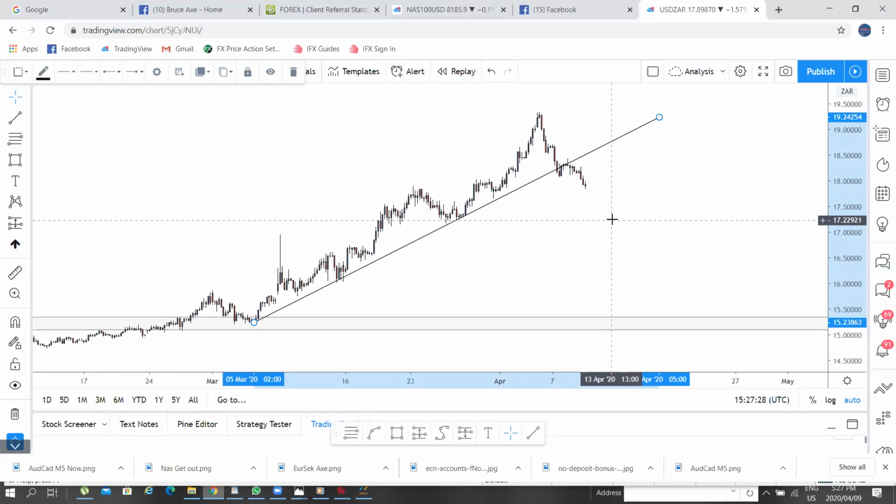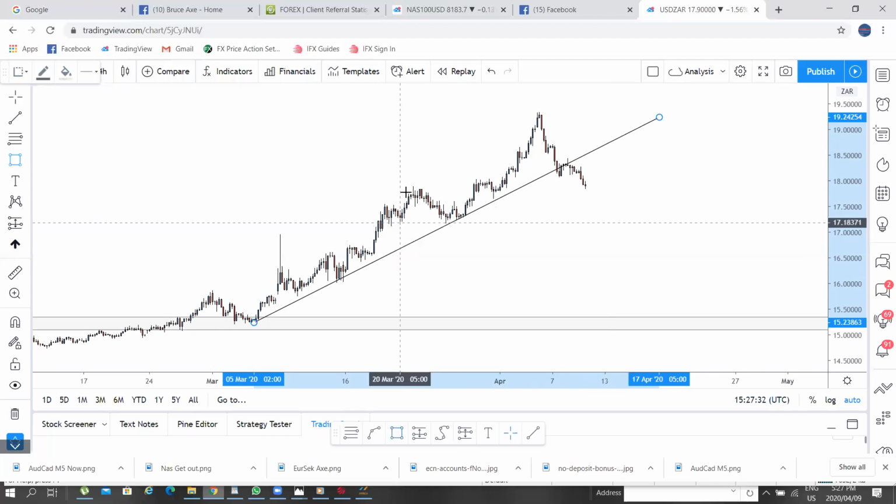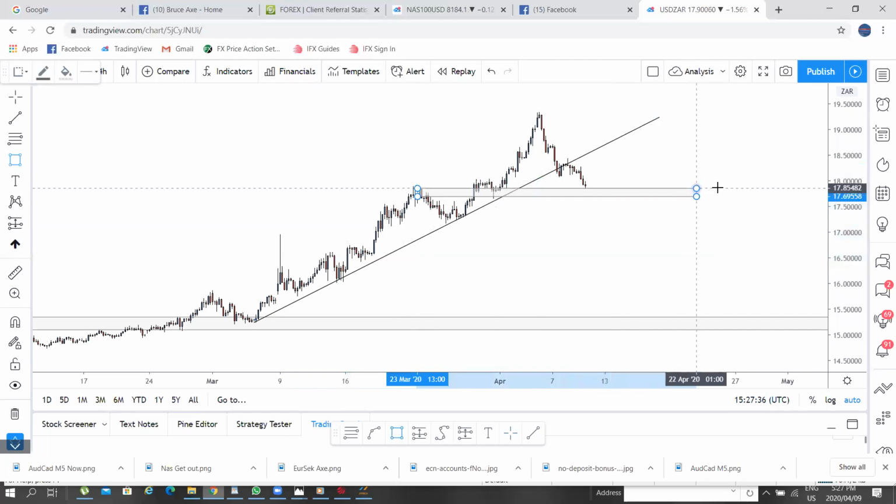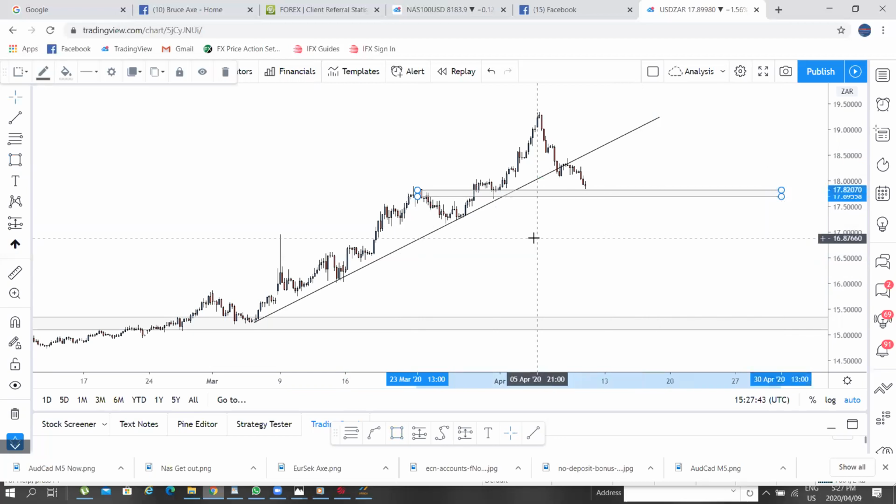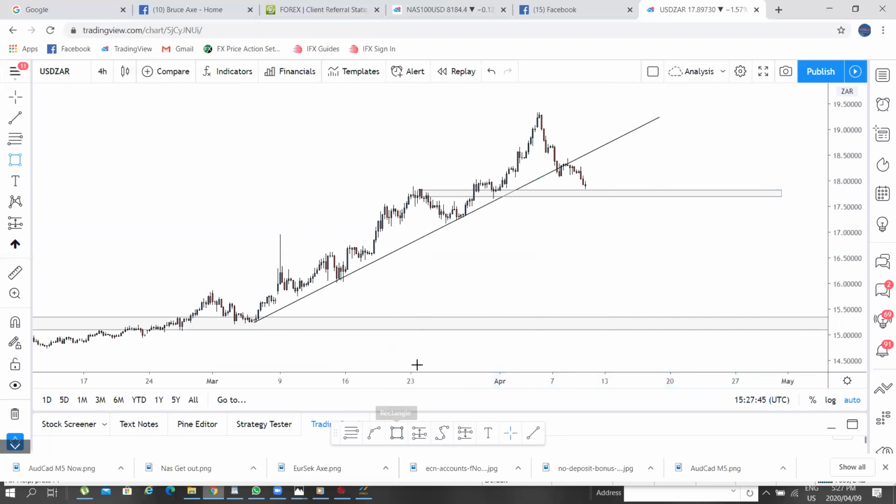I'm not sure if I understand, but let me try to explain this one. Another level that we have is this one here. Don't miss these levels. This one here is your level, and then you identify this one, which I agree with.